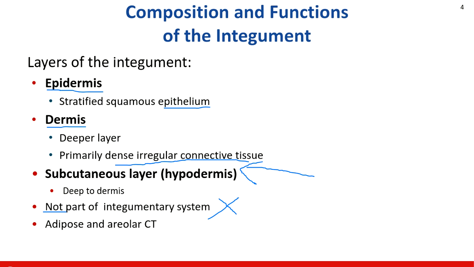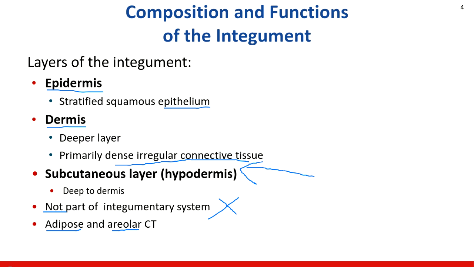It's the layer that separates the skin from the underlying skeletal muscle. It's primarily made up of fat, or adipose connective tissue, and another loose connective tissue, areolar connective tissue. Areolar connective tissue is loose, and that means you have a decent amount of blood supply going there.